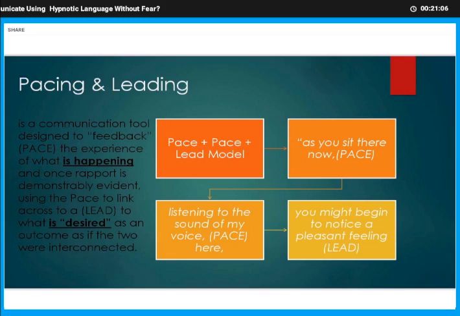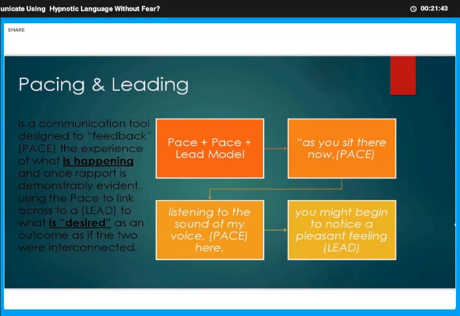"As you sit there now, listening to the sound of my voice here, you might begin to notice a pleasant feeling." Now, that's my lead. That's the thing that I want them to feel. That's the first thing that I've introduced that isn't necessarily a fact, and that's why it is connected as if it's related. The way we connected the end to the beginning was with that introductory "as you." With "as you sit there now," the brain is waiting to hear, okay, and so what does that mean?